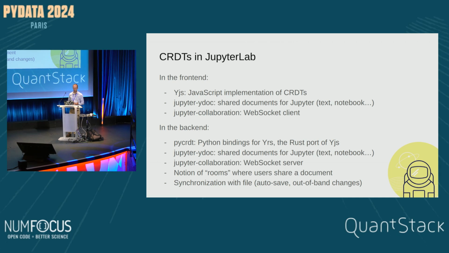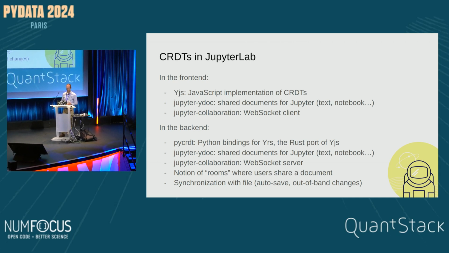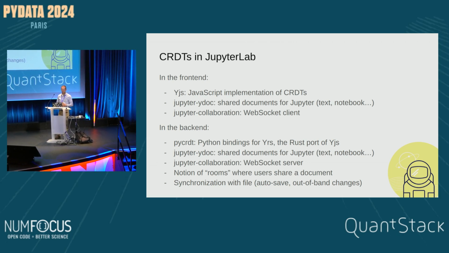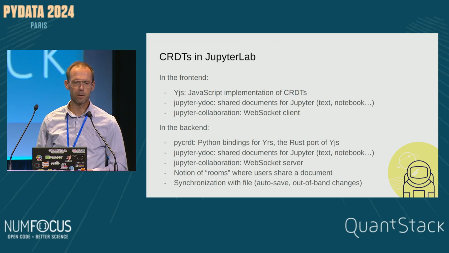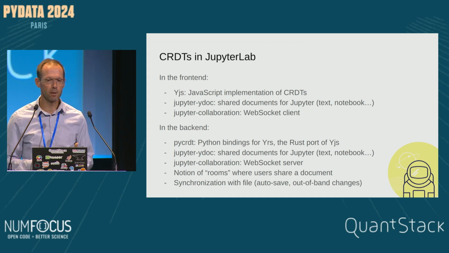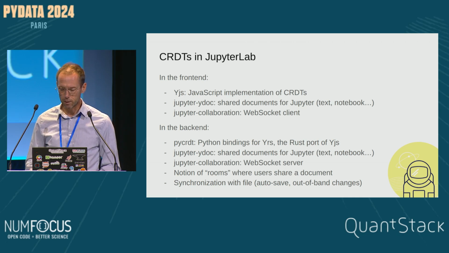We have the notion of rooms where users share a document. And some features are implemented, like auto-saving and out-of-band changes when files are changed, for example, using the terminal, but not really through the notebook editor, for example. So that's taken care of also.